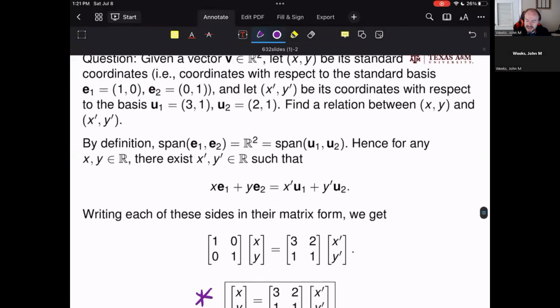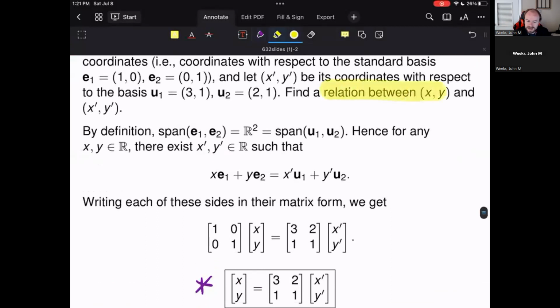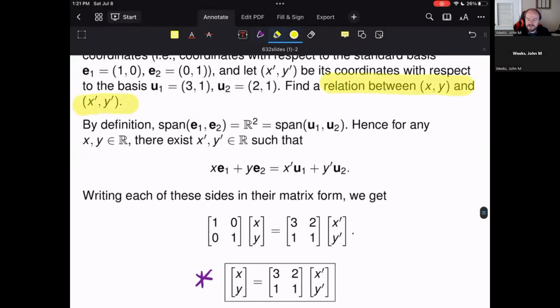Namely, I can find the relation between x, y and x prime, y prime to be a linear relation, a matrix equation, connecting these two tuples of points, starting from x prime, y prime and going toward x, y. So this is going from our new system to our old system, just like we defined our transition matrix to be.